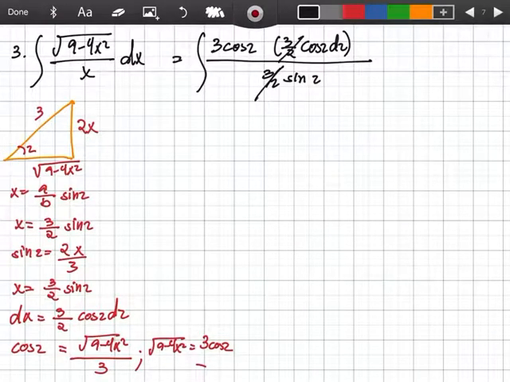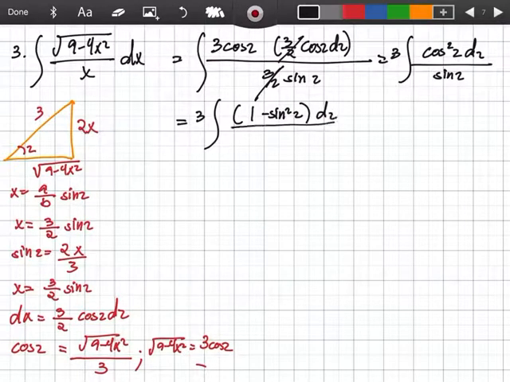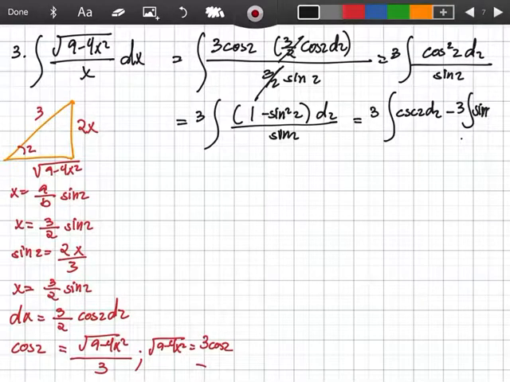So, cancel ang 3 halves, magiging 3 cosine times cosine squared z dz over sine z. And then, we know that cosine squared is 1 minus sine squared z dz over sine z. So, magiging 3 integral of 1 over sine is cosecant z dz minus sine squared over sine is sine z dz.